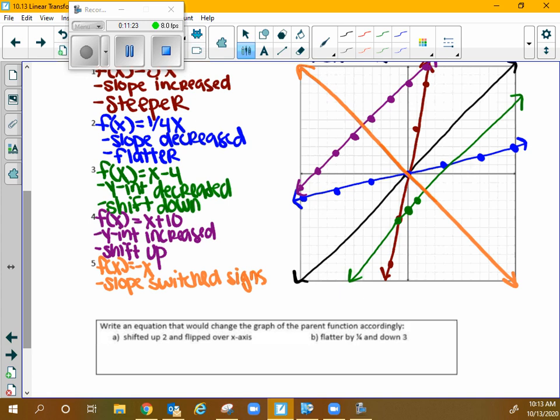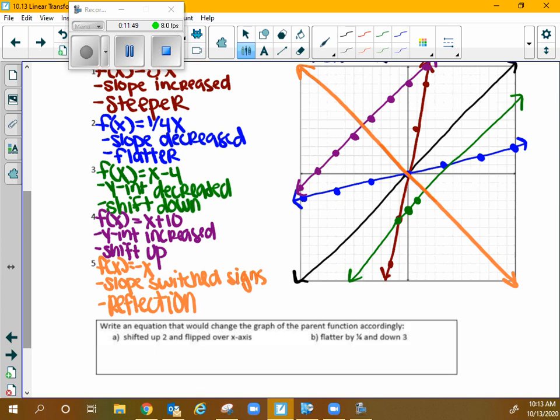It's flipping. If we're talking about transformations, think back to transformations last year. What do you call something that flips on a graph? Reflection. This is a linear transformation.